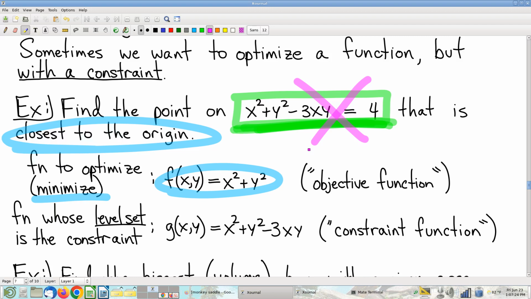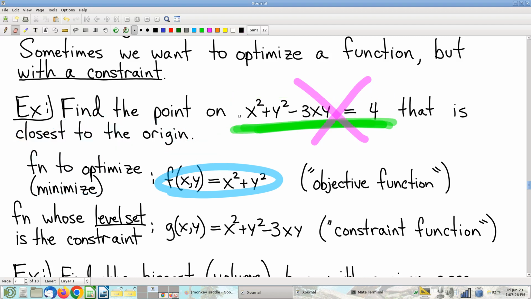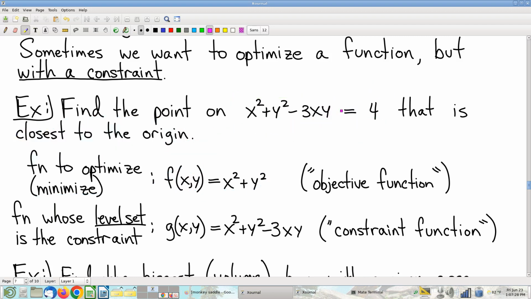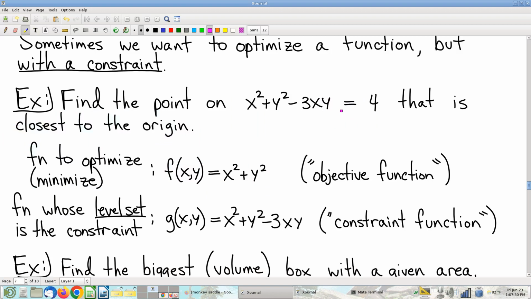Okay. So now there is a wonderful technique for how to deal with this problem, but I want to set everything up a certain way. First, we need to have certain lingo identified, and we need to frame the question in a very specific way. So we're going to define something called the objective function.